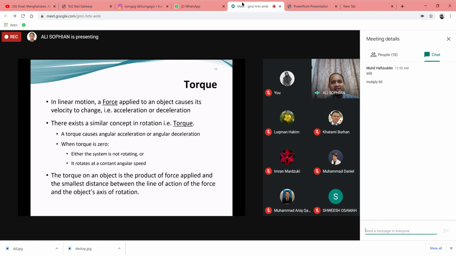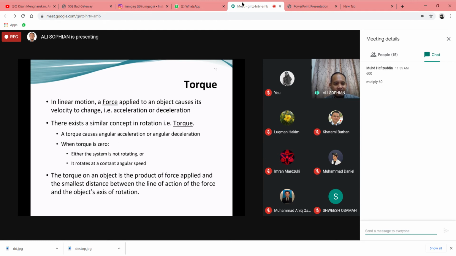It may be rotating, but at a constant angular speed. This concept is very important later on when we analyze the motion of electrical machines. This also applies to linear motion. When the force is zero, either the object is stationary or it is moving at a constant speed.